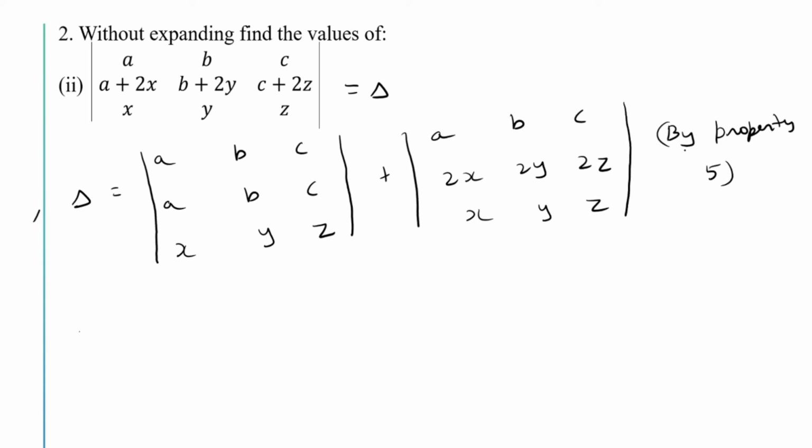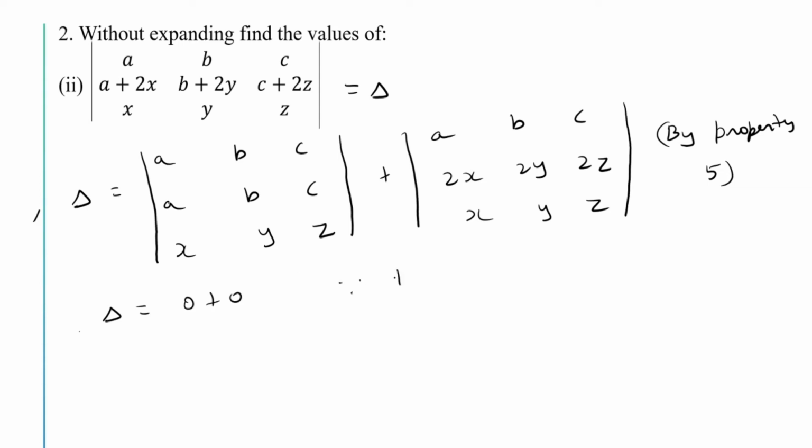Now if we see in this determinant, two rows are identical, and here in this determinant these two rows are proportional. So we have seen if two rows are identical, then the value of the determinant is 0, and if two rows are proportional also by property 4, then the value of the determinant is 0. So this is equal to 0 plus 0.